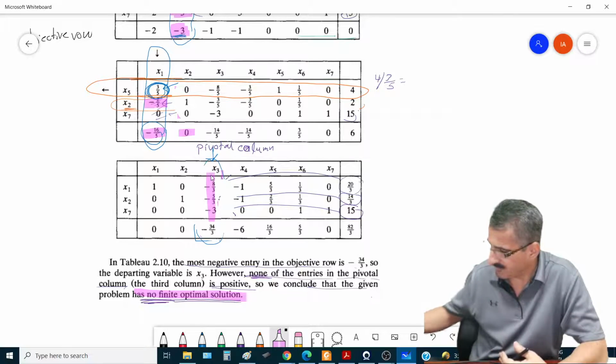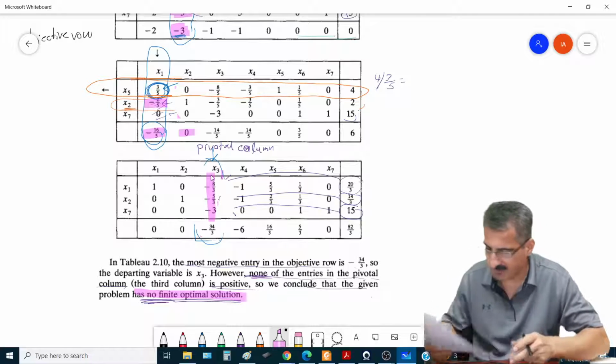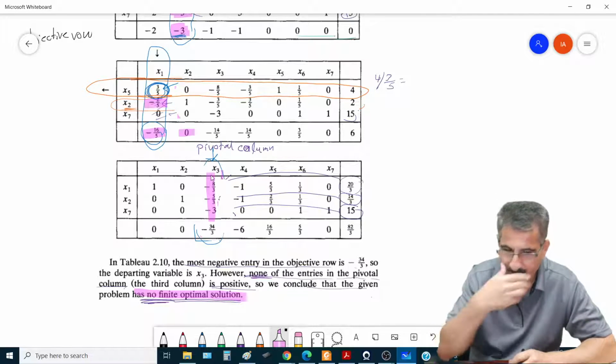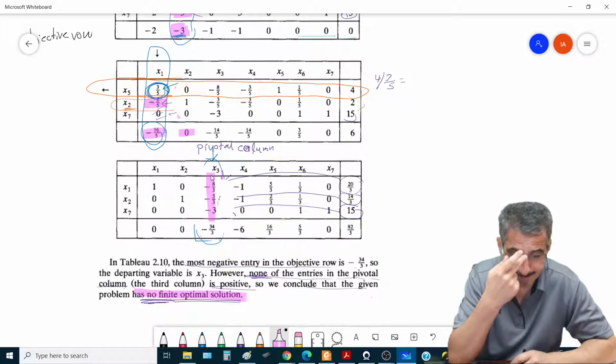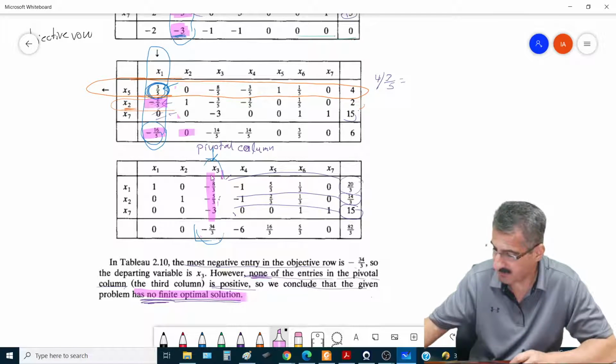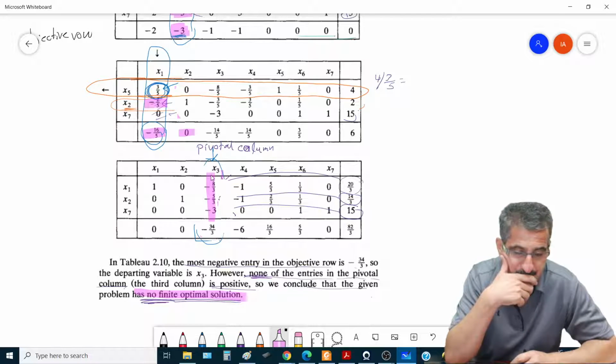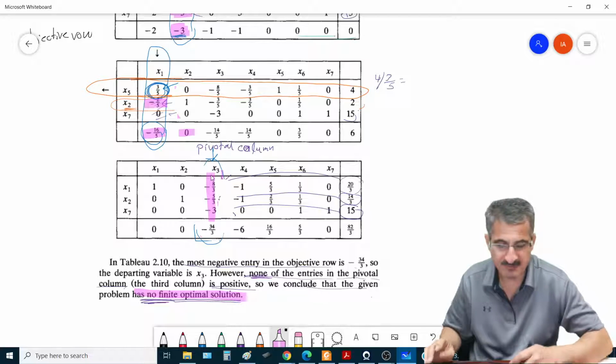Let us work two more examples, and then I will go back and explain why this method works. Actually, let's work more examples.